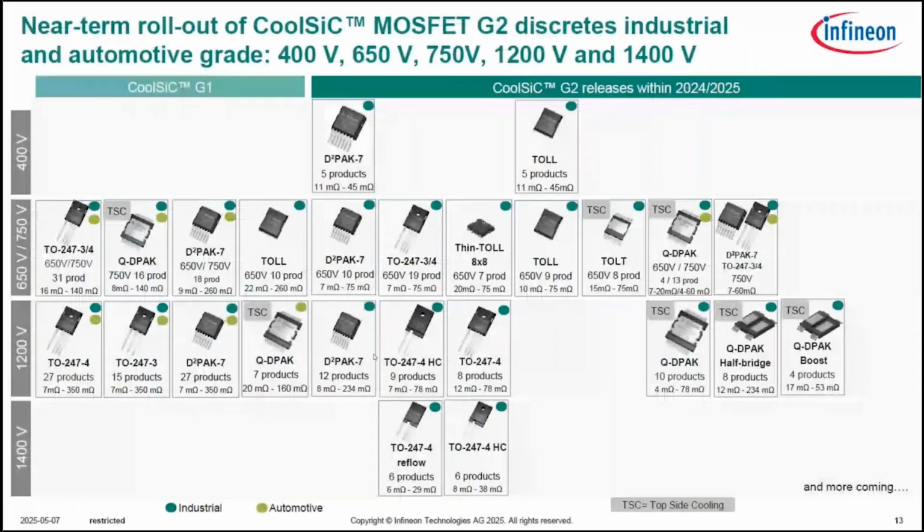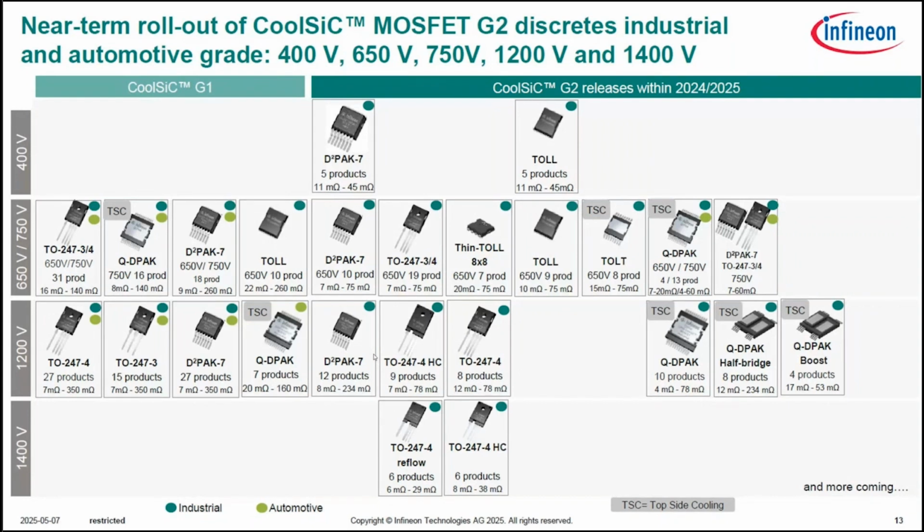This gives an overview of where we stand today with the CoolSiC Gen 2, which are being released between 2024 and 2025. As you can see, Infineon is the only one in the market to play at a very wide spread of voltage classes, from 400 volt to 1400 volt.